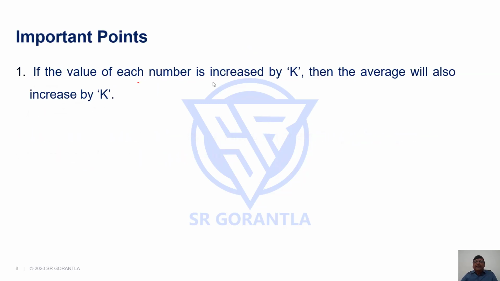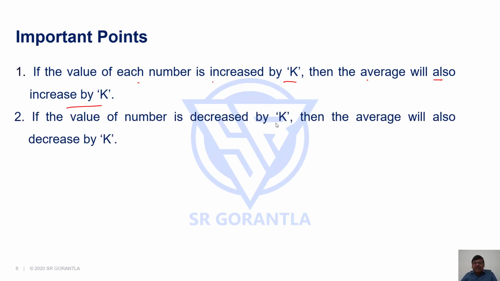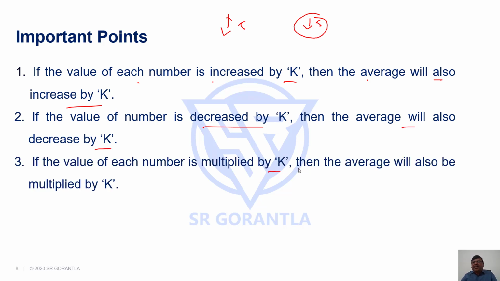If the value of each number is increased by k, the average will also increase by k. Or if each number is decreased by k, like in this example, each number was decreased by 5, hence the average was 5 less, right? The average will also decrease by 5. If each number is multiplied by k, the average will also be multiplied by k.